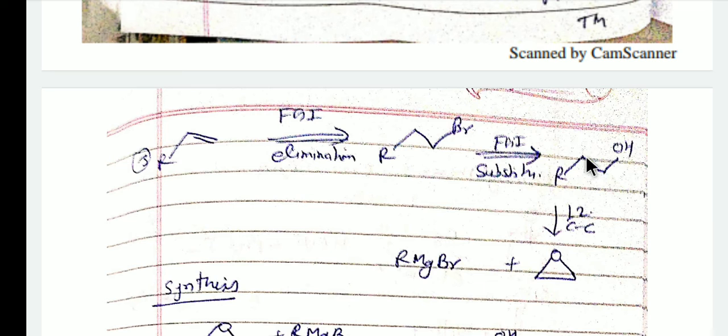H is removed as H plus, a proton, O becomes O minus, and CH2 plus forms the bond. So we get the synthetic equivalent, this epoxide.